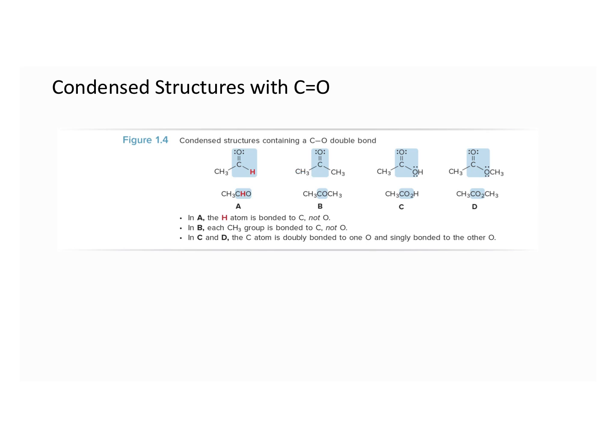So sometimes you're going to see that written as H3C, CH3. It's not quite as common, but know that that's the same thing as saying CH3, C double bond O, CH3, okay?